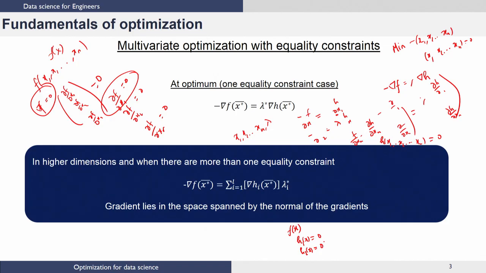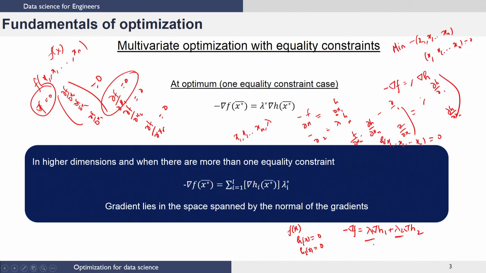In this case what is going to happen is the following. The solution to the constrained optimization problem is going to be minus grad f equals lambda 1 grad of h1 plus lambda 2 grad of h2. So, if you look at this and the one constraint case, you will see the similarities. In the one constraint case we introduce one extra parameter, in the two constraints case we introduce two extra parameters.